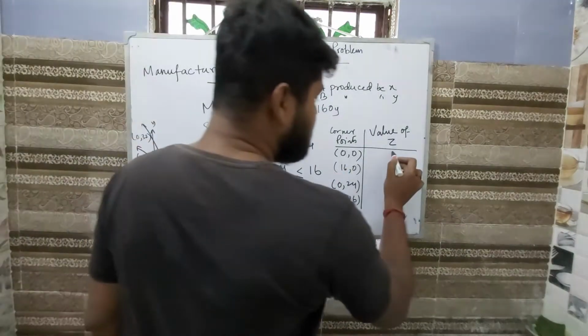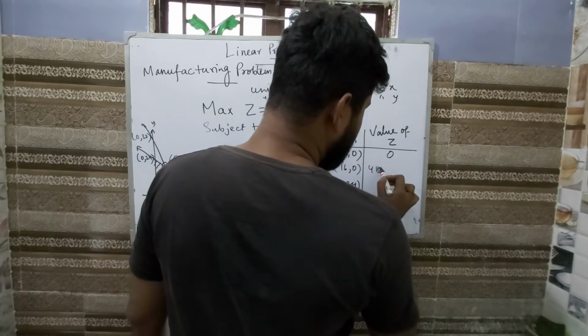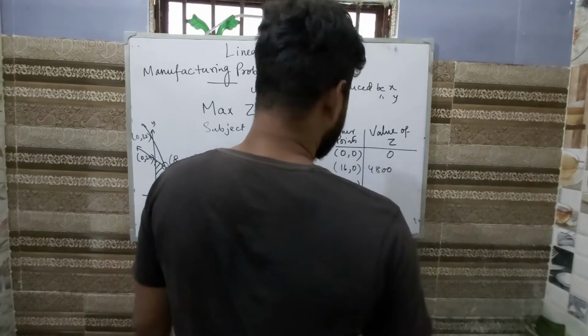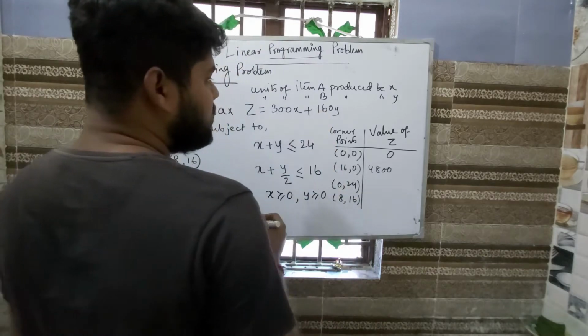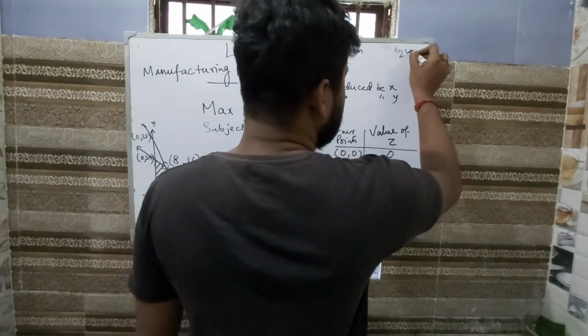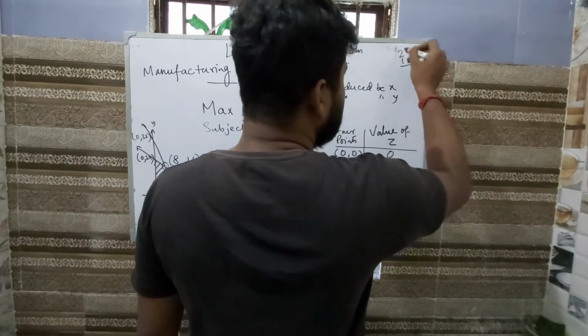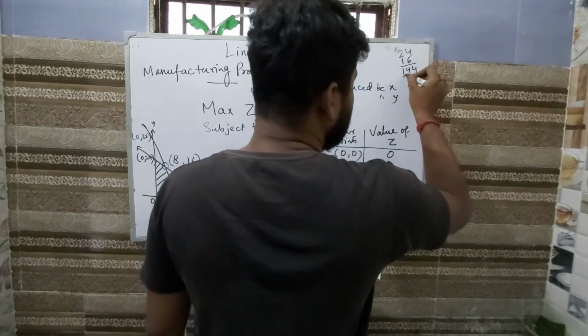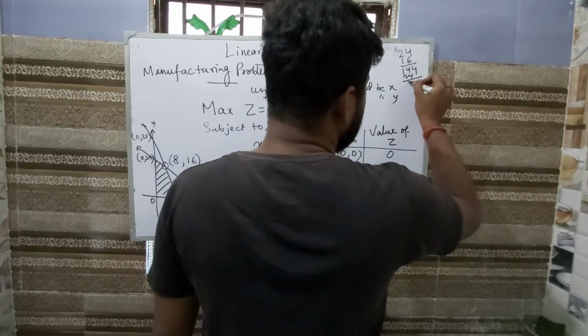Now in the first case it is 0. If I put 16, that is 4, 8, 0, 0, 16 into 3, 48, 24 into 16, 4, 12 and 2, 44, 24. So that is 4, 8, 3.